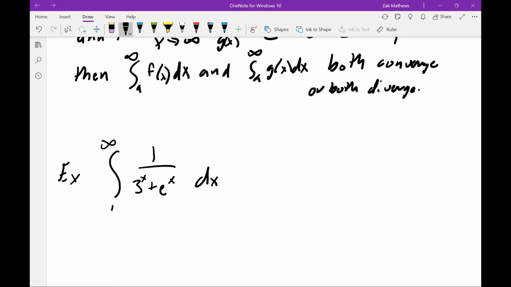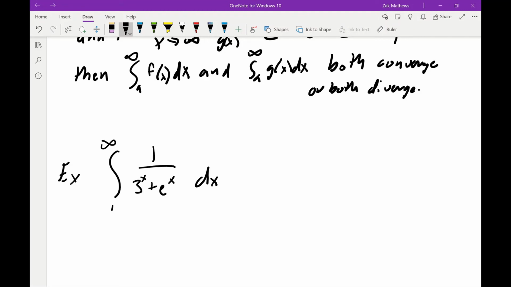Now, I'm only looking at a single function here, so I get to choose that second function in a way that's going to help me. So if I can think of a way that I could compare these through a limit comparison, if I could divide one function by another function and figure out what that limit value is equal to, that could be useful. Or if I could think of a bigger small function that will converge or a smaller function that will diverge, that would be helpful.